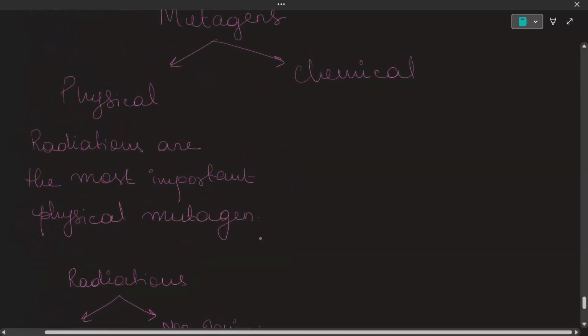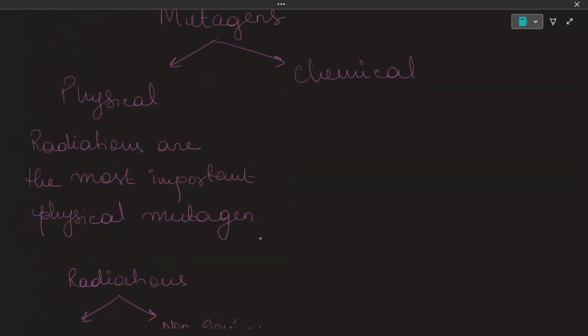Now see, chemical mutagens. You must remember this one thing, that they are much more injurious as compared to the physical mutagens. Okay, much more toxic. We'll say that the chemical mutagens are much more injurious than the physical mutagens.